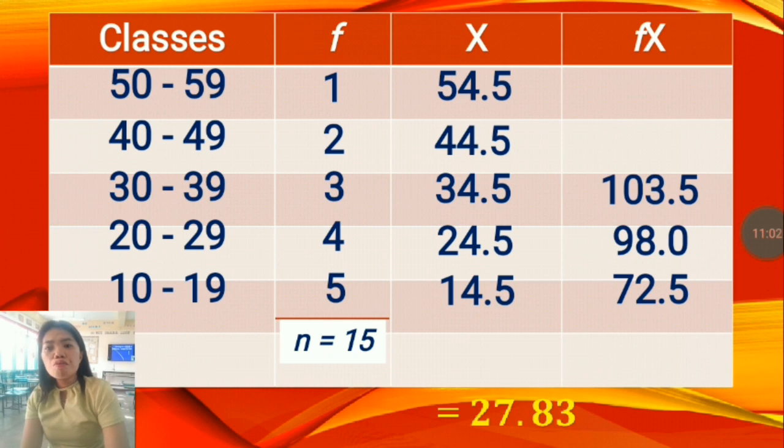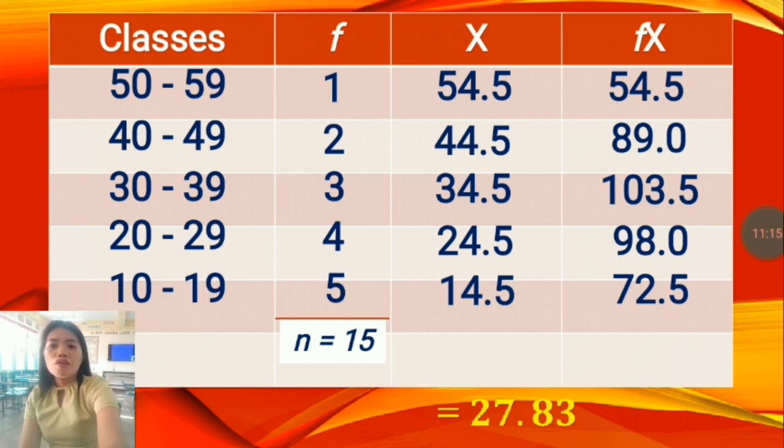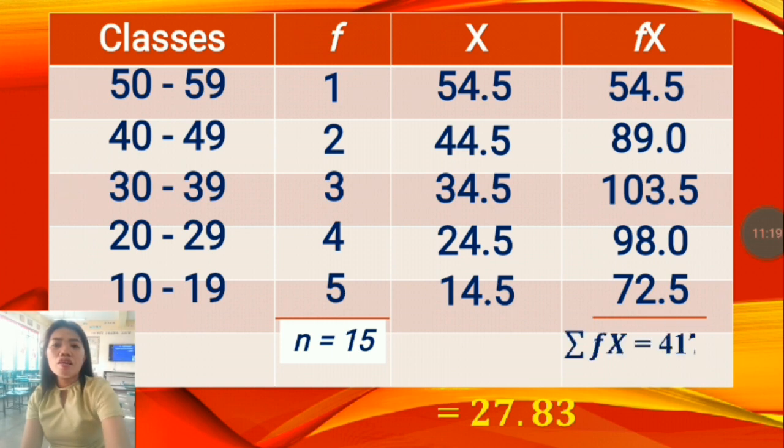Then 2 times 44.5 gives us 89. And 1 times 54.5 gives us 54.5.